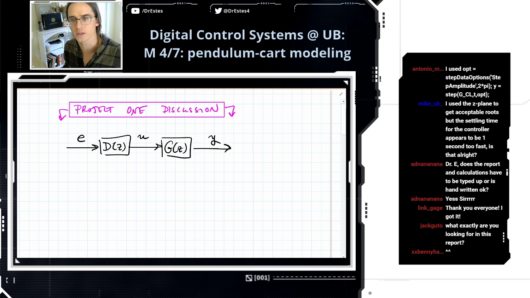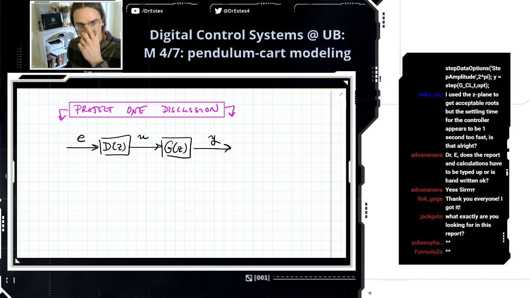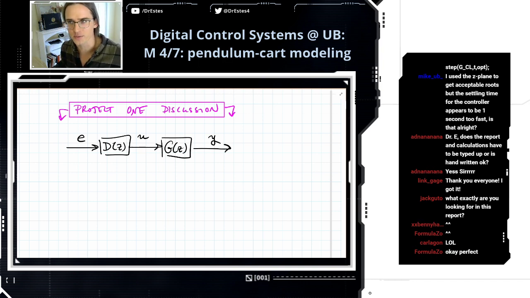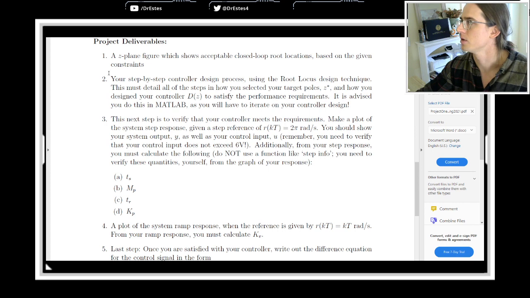What exactly are you looking for in this report? What I ask for in the description. It's the most direct way to answer that. It's basically a homework assignment. In the project deliverables, it tells you. Project deliverable 2 says: your step-by-step controller process.